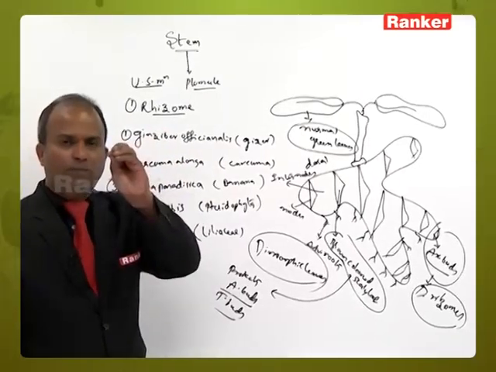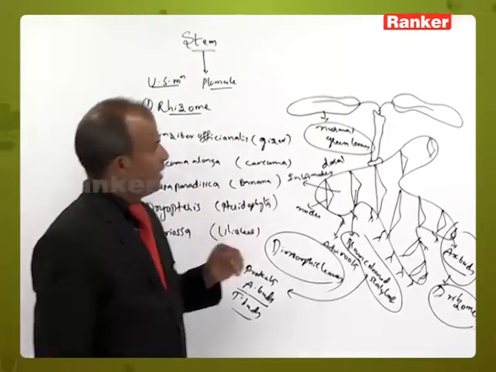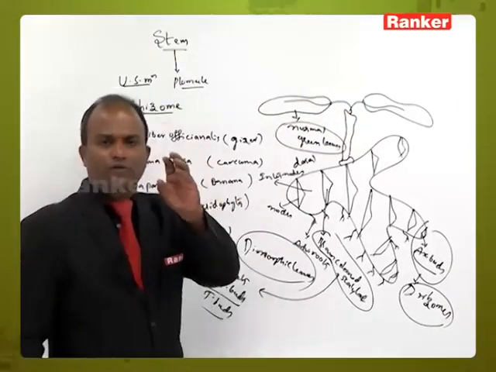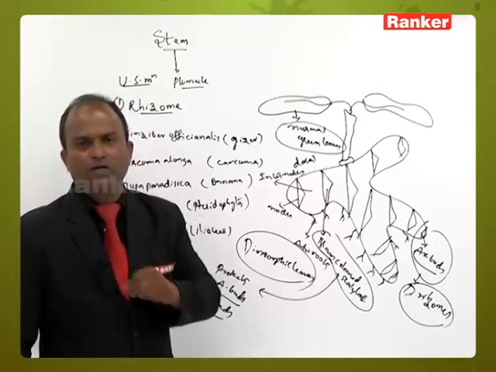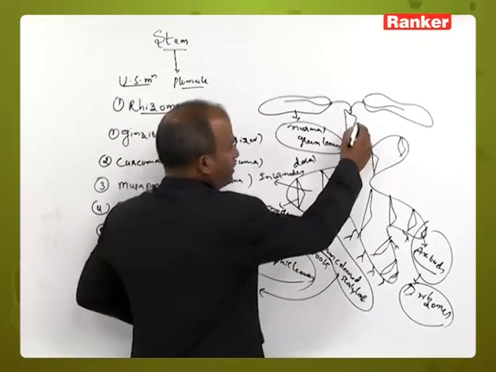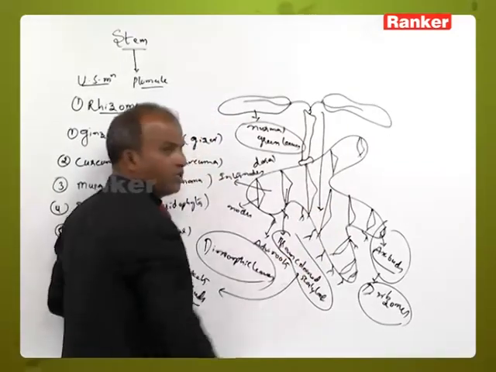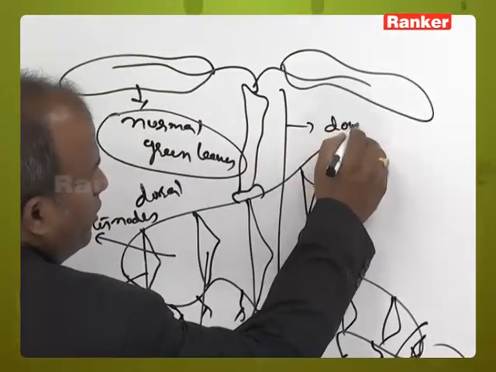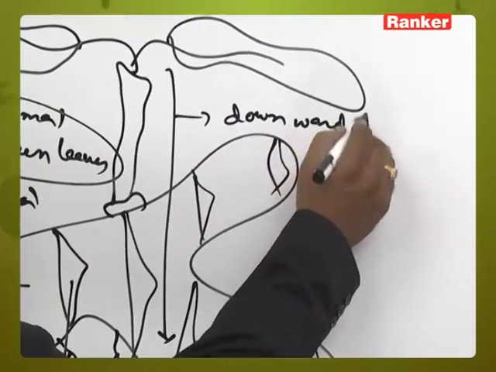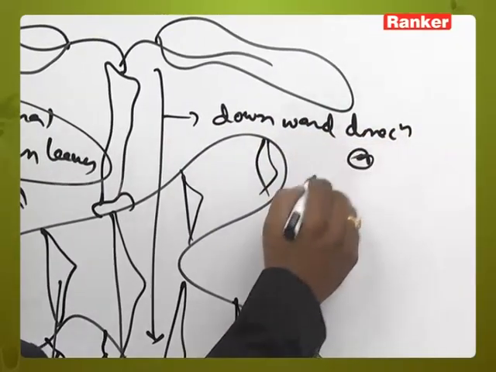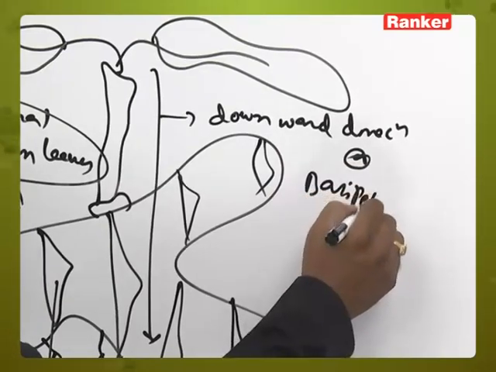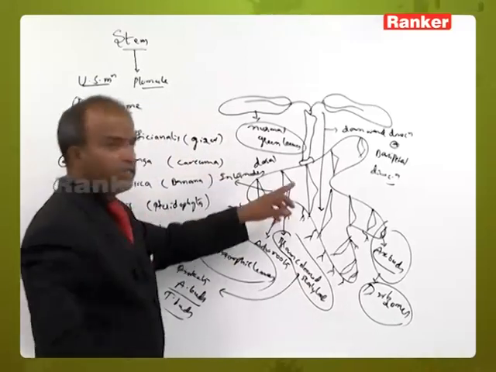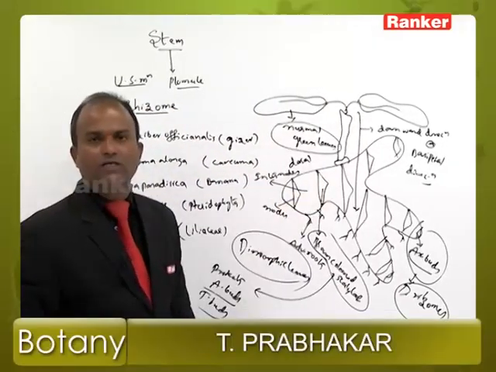And one more important point I forgot here. The normal aerial green leaves can perform photosynthesis, due to which they prepare food materials. Those food materials move in the downward, or basipetal, direction, due to which they are stored in the rhizomatous stem.